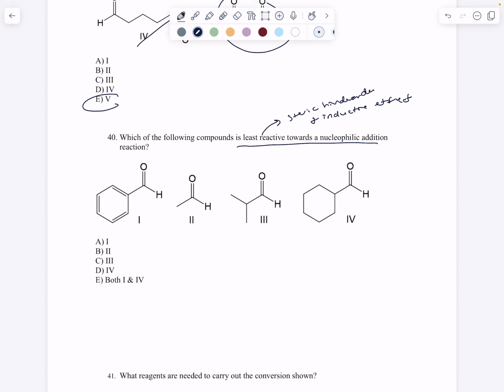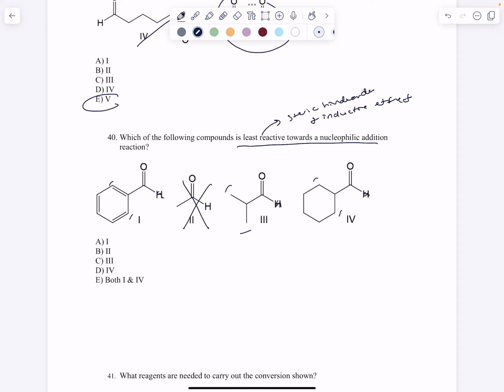So I'm going to say, of these, I'm looking at this has very little steric hindrance. All of them have 1 hydrogen. So we don't really care about that hydrogen. So then we're looking at the other side. This is substituted similarly to this. So both of these are going to have the inductive effect, and they're both going to be donating electrons.